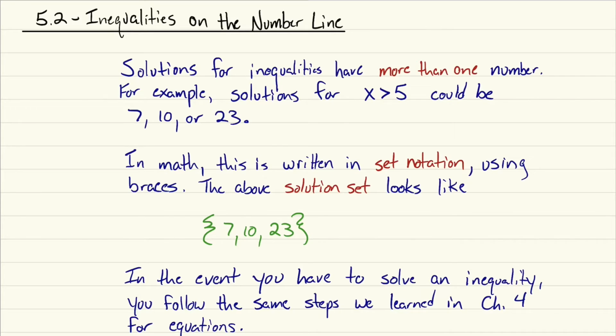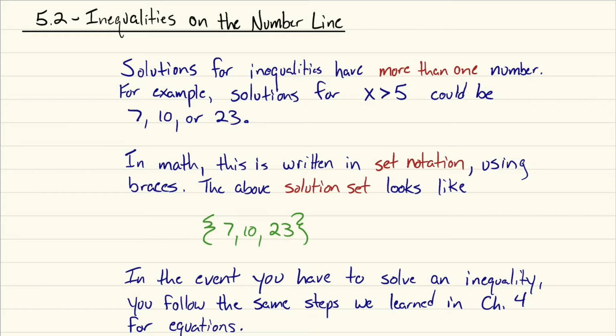And a solution set is just any set of solutions that you choose to work or that may solve the problem. So for example, if I gave you 3 random numbers, which were 7, 10, and 23, if I were going to write those answers in set notation, I would write them as brace 7, 10, 23, close my brace.